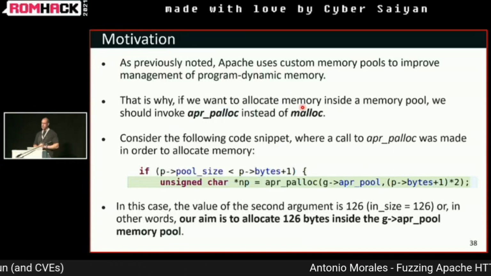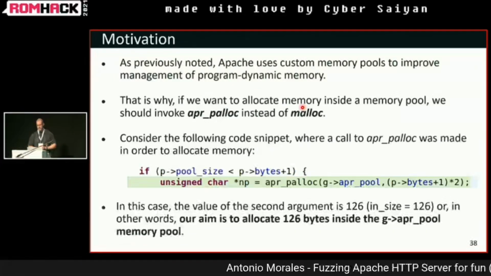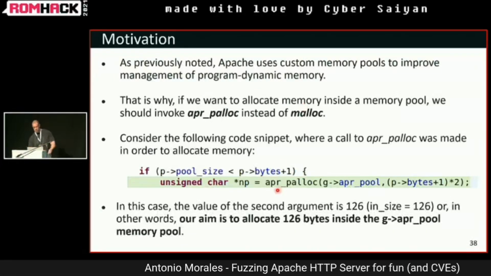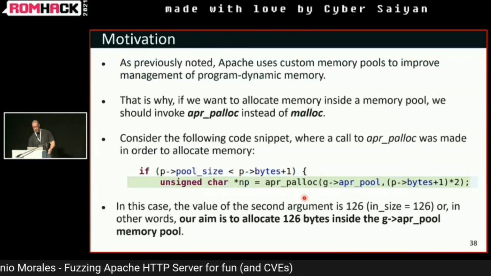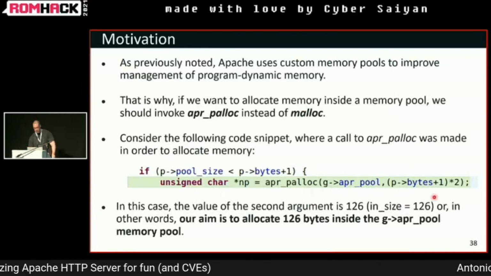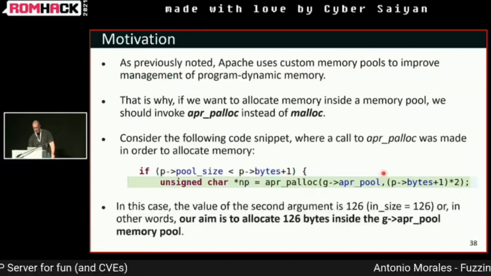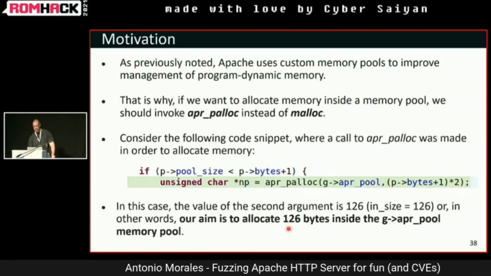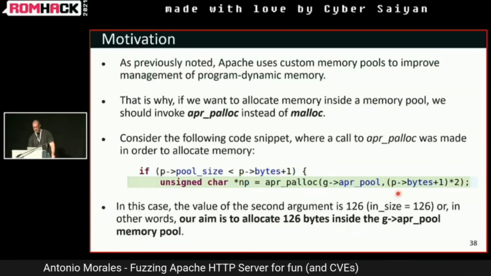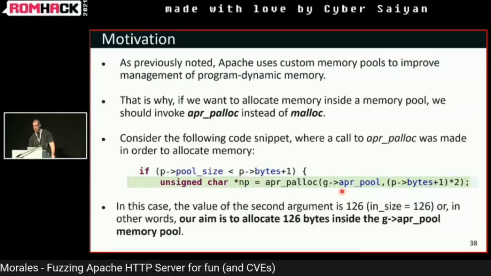So consider the following code snippet, where the program calls apr_palloc. In this case, we want to allocate, for example, 126 bytes inside the APR pool.